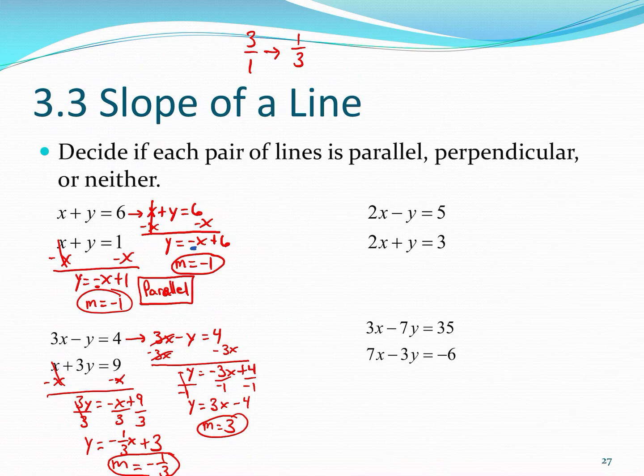And so the reciprocal of that, if you flip it, is 1/3. And it is an opposite sign, 3 and negative 1/3. And so because they are opposites and reciprocals, they are perpendicular. And so there is the answer for that one.